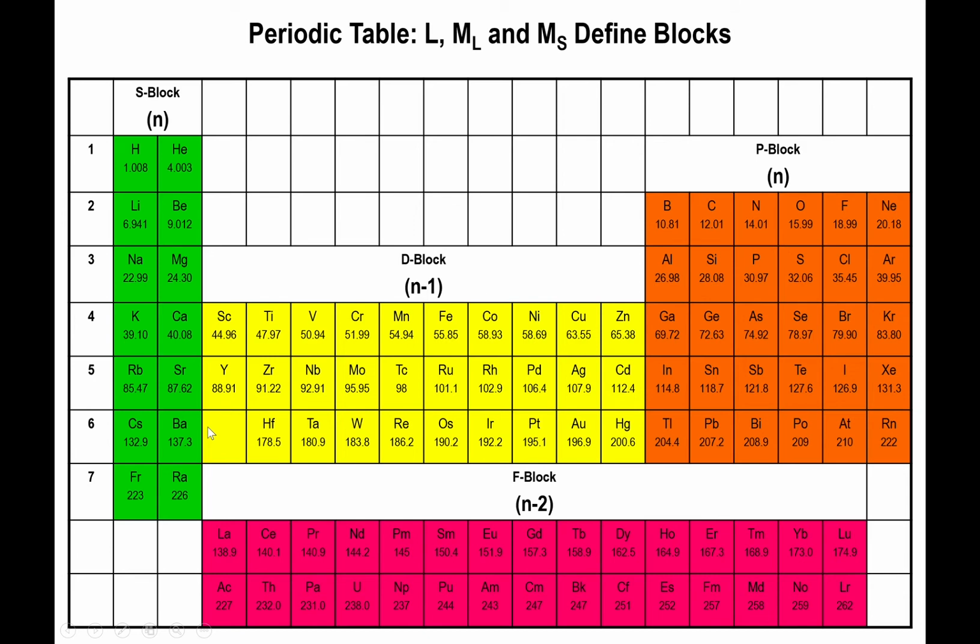So I personally like to say, okay, just go directly from barium to lanthanum and treat it as an f block element. Go directly from radium to actinium and treat actinium as an f block element.